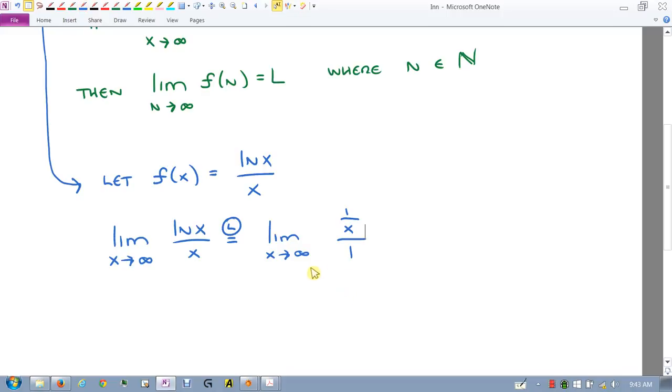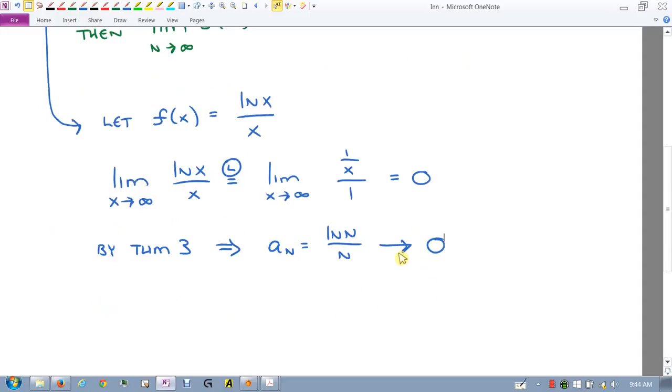What is this going to turn into as x goes to infinity? 0. And by theorem 3, this implies that a sub n equals natural log n over n will also go to 0. I'm using that arrow this time, meaning the same thing as the limit.